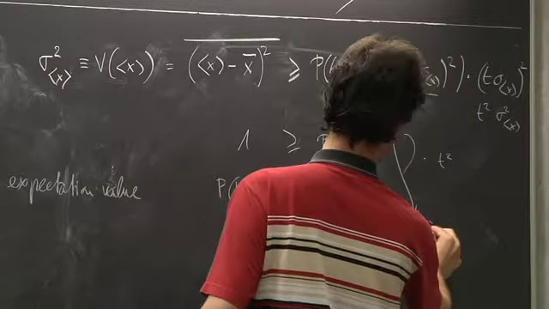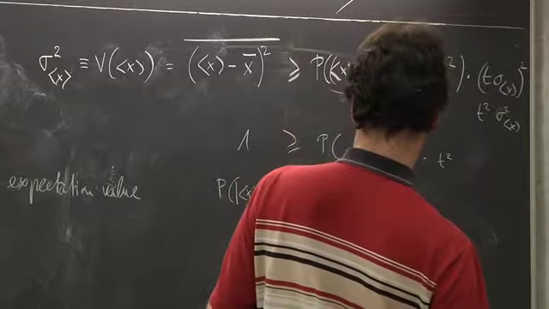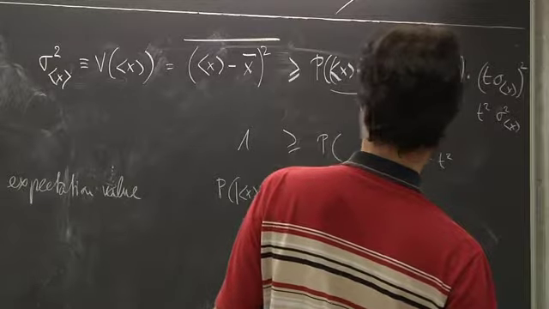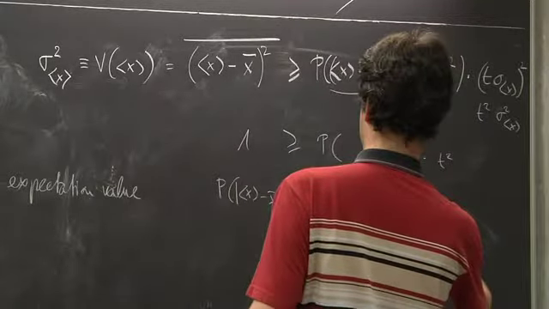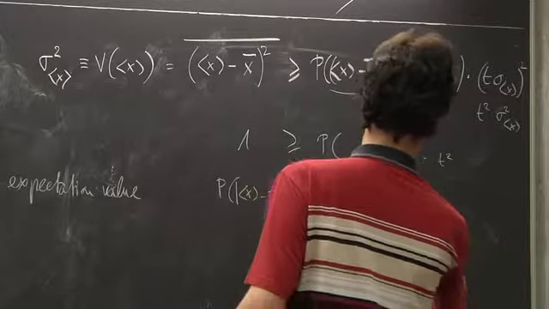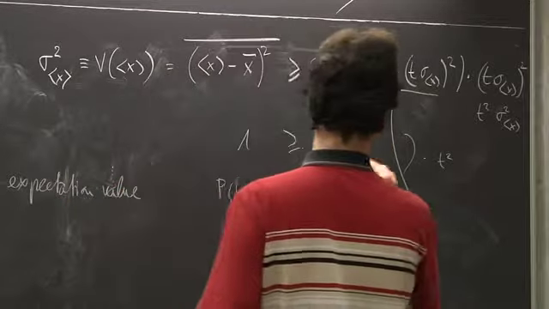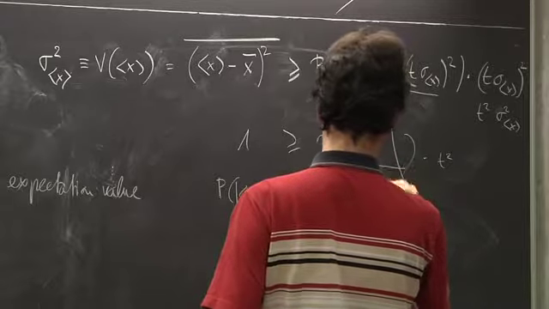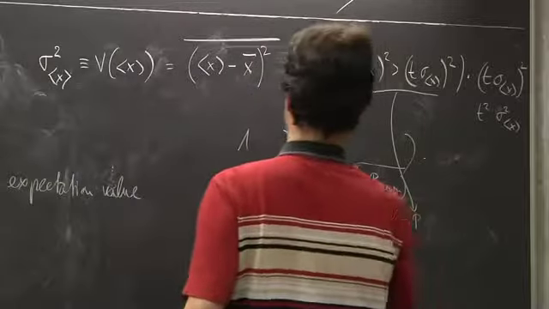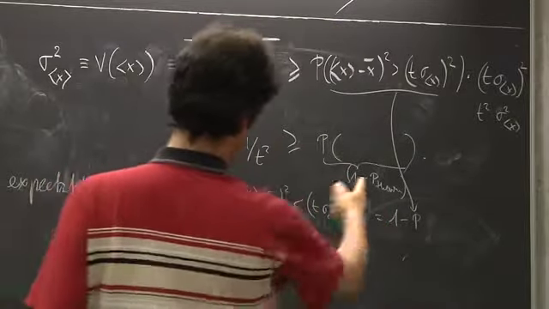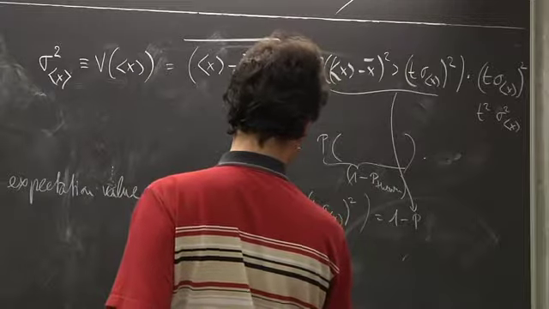Okay, this is the probability in the theorem, and we have the inequality that 1 minus this probability of the theorem is smaller than 1, and then you take the t squared over here, and you see that the p in the theorem must be bigger or equal.